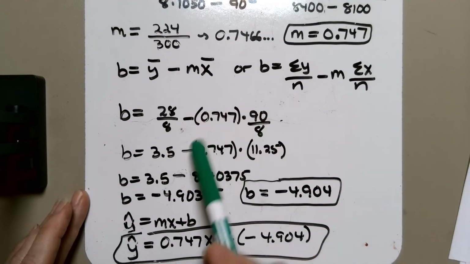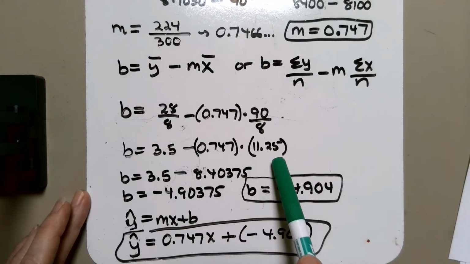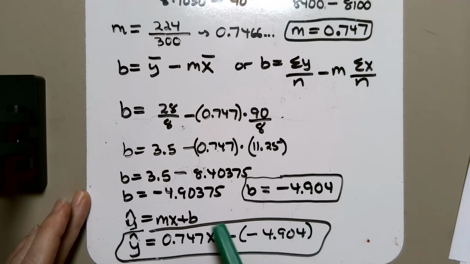So if I do this multiplication of 0.747 times 11.25, I'm going to get 8.40375. So when I do this subtraction, I get my y-intercept of negative 4.90375. That's our b value. And rounding to about 3 decimal places, we'll call that negative 4.904 for our y-intercept.